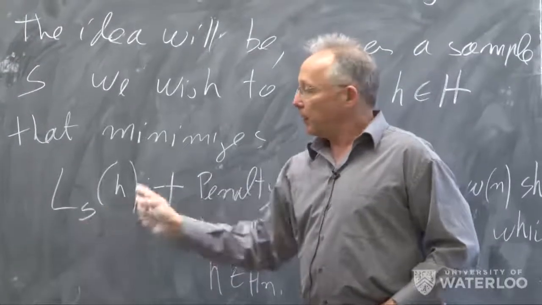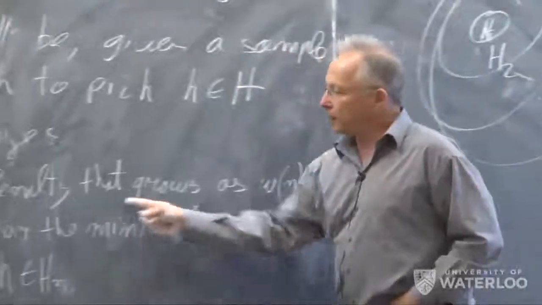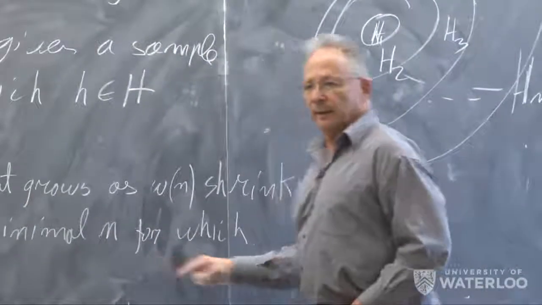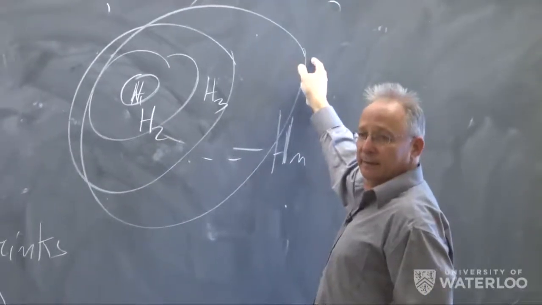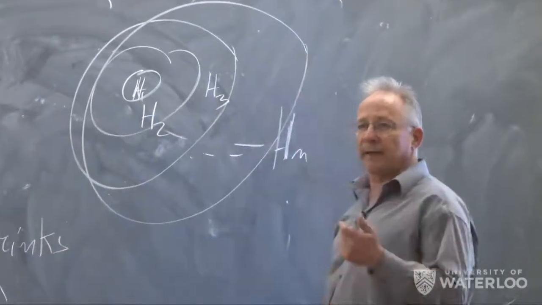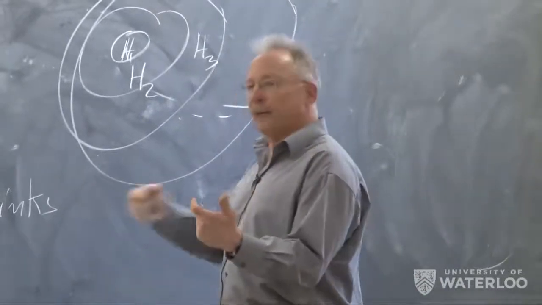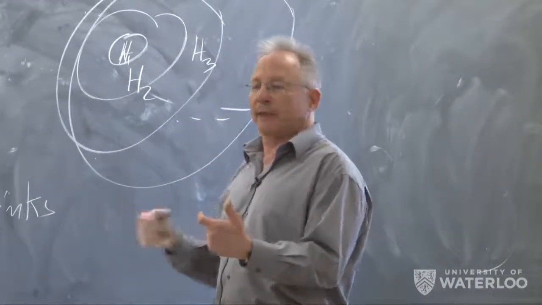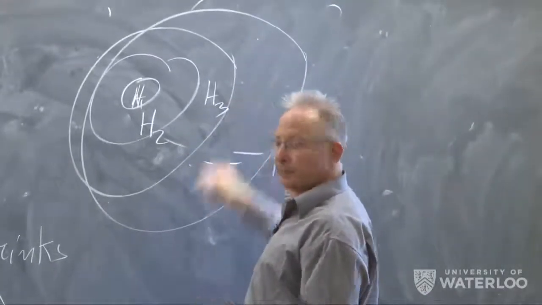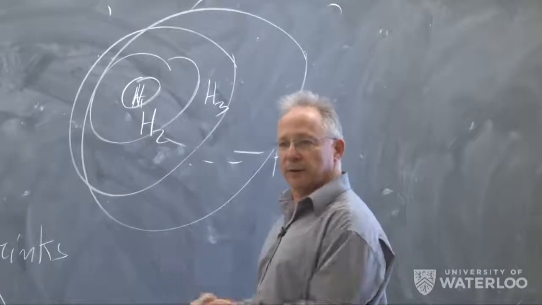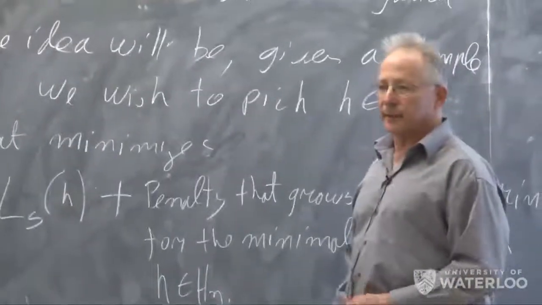But now, on one hand, I want h to minimize this. But on the other hand, I want h to minimize the penalty. And the penalty grows as I go up in my classes. So on one hand, I'm trying to fit the data. But on the other hand, I'm paying a penalty for using an h that is coming from a high class. And by combining these two considerations, we can show that we can learn any such class.